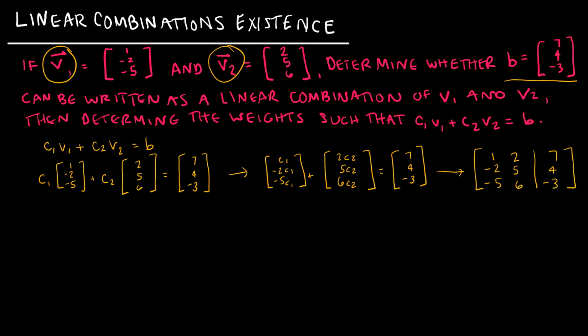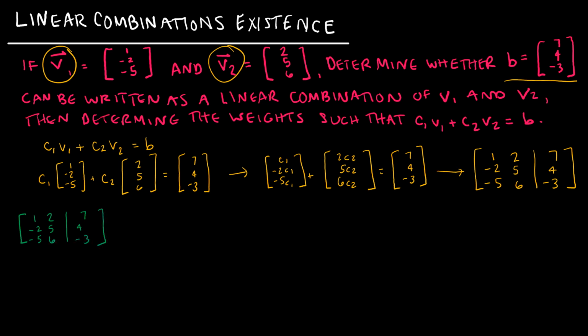And now I have an augmented matrix, and I know exactly what to do with an augmented matrix. All I have to do is do all of my magic row operations to end up at reduced row echelon form, and that's going to help me to solve this question.